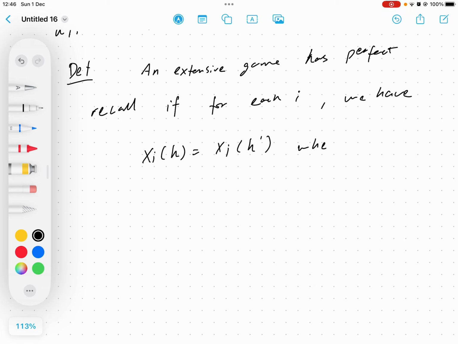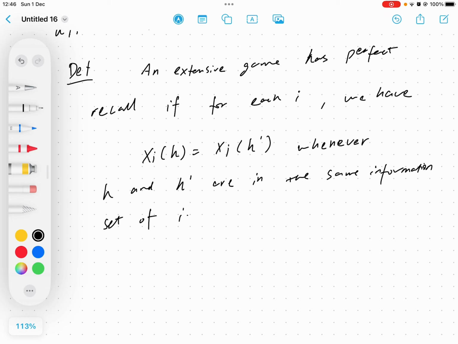The very important part in this definition is that this holds whenever h and h prime are in the same information set of player I.